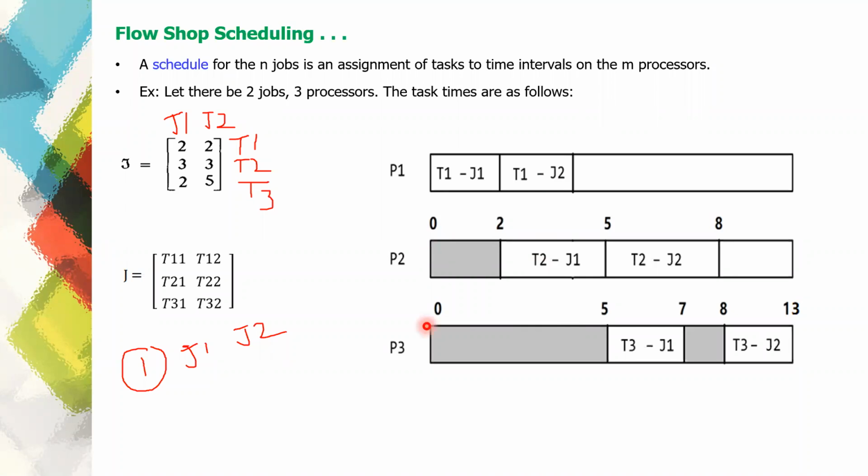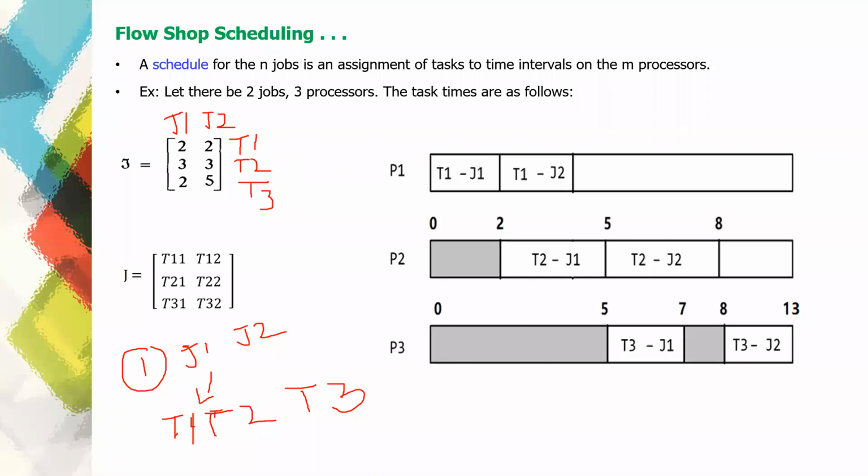Then I'll have to start scheduling the tasks. There are two jobs, and each job has task 1, task 2, and task 3. I have to execute them in this particular order: task 1, then task 2, then task 3.